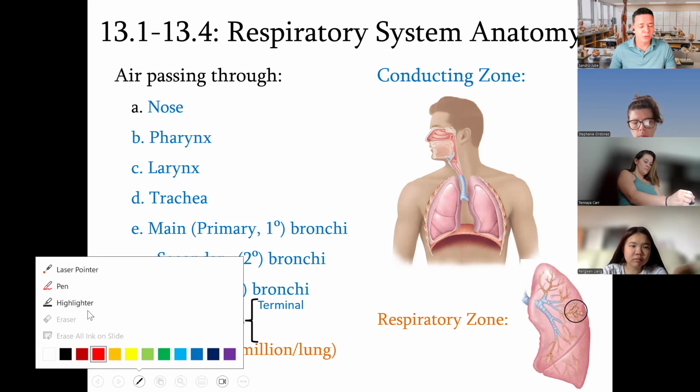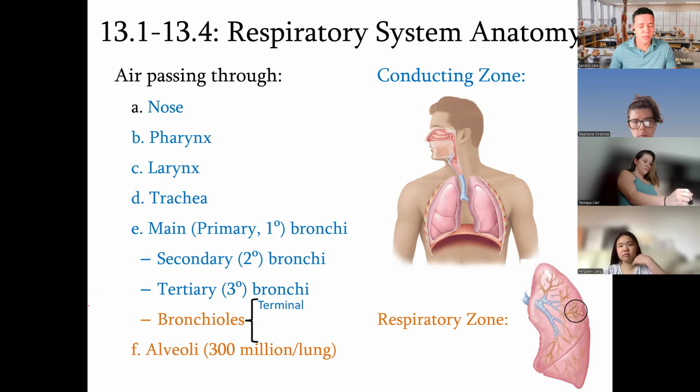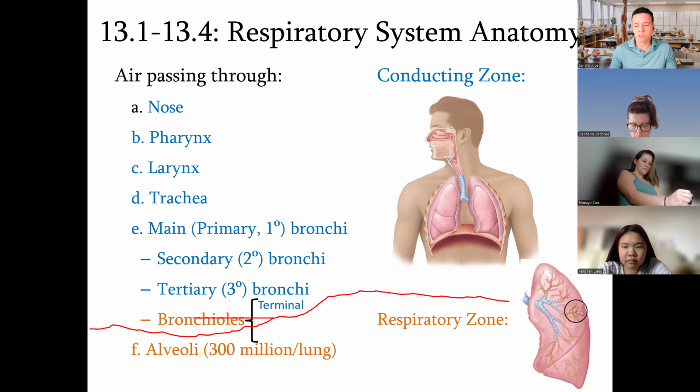So all the way up to the terminal bronchioles, they belong to the conducting zone. As the name implies, all that these organs are doing is transporting the air from point A to point B. They're just pushing the air along the respiratory tract.